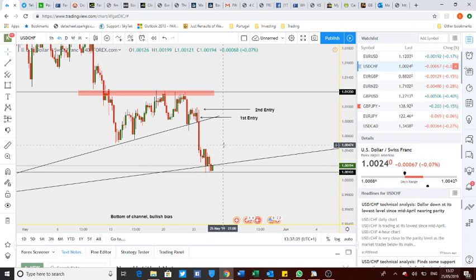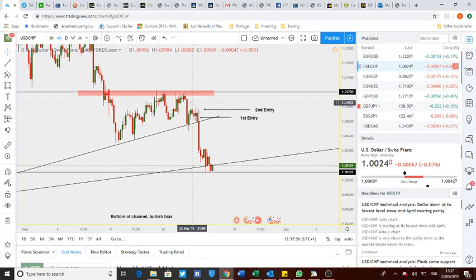So all in all, I guess with this particular setup, with USD CHF, yeah, you could have taken an entry up here when it resisted the resistance level for the 3rd time, but of course you never knew at that point that it was going to break this trend line, right?